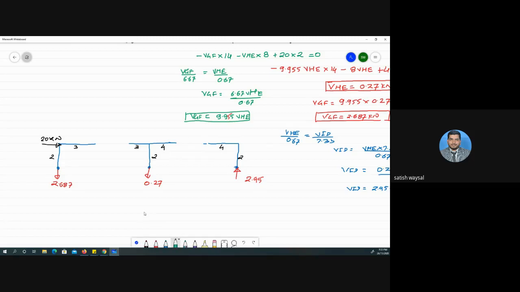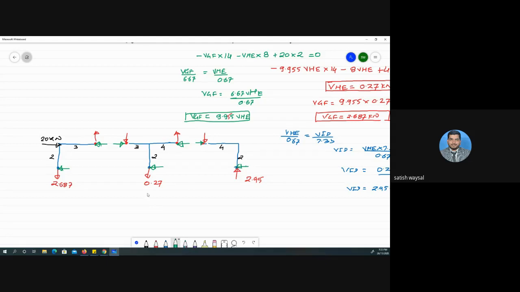What is not known to us is at this internal hinge, this internal hinge, this internal hinge, and this internal hinge: one upward reaction and one downward reaction. Then these horizontal reactions are not known to us either.